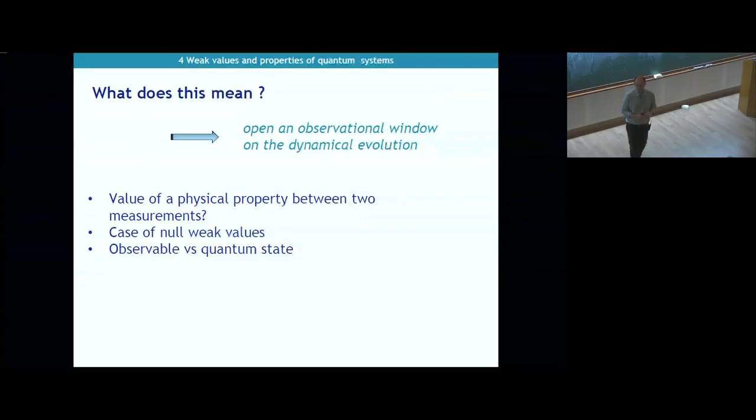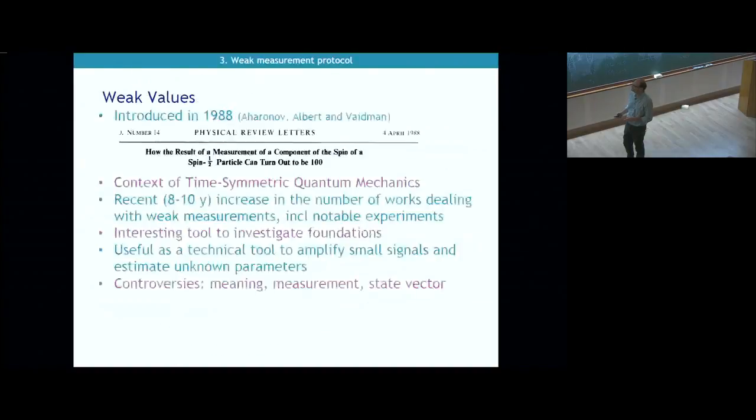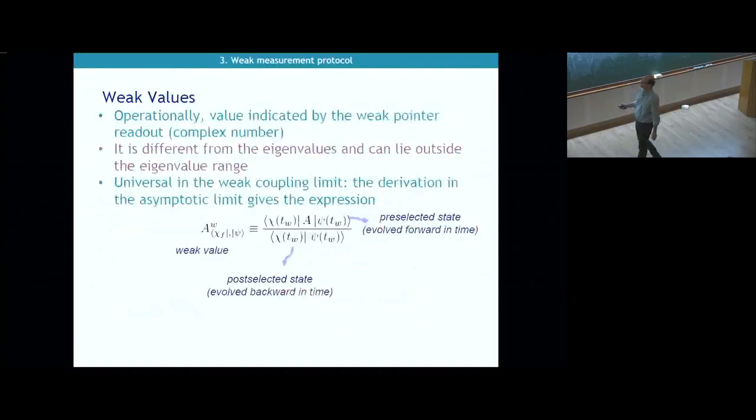Yes, because the interaction took place at some time, which I call TW, and as you remember from the definition I gave at the beginning, the weak value can always be written this way: as the initial state evolved forward in time up to the time of interaction, and the final post-selected state evolved backward in time from the final time to the time of interaction.